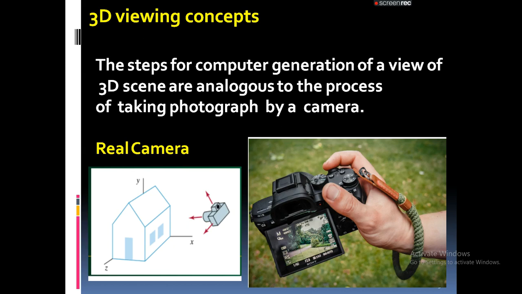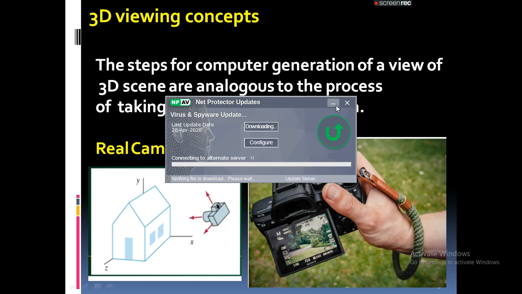The process is the same, but there are two types of camera: the synthetic camera in the case of OpenGL, and the real camera in reality. First we will discuss how to capture an image using a real camera. Then we will see how to use the computer graphics concept called three-dimensional viewing to display the object on the screen of the monitor.